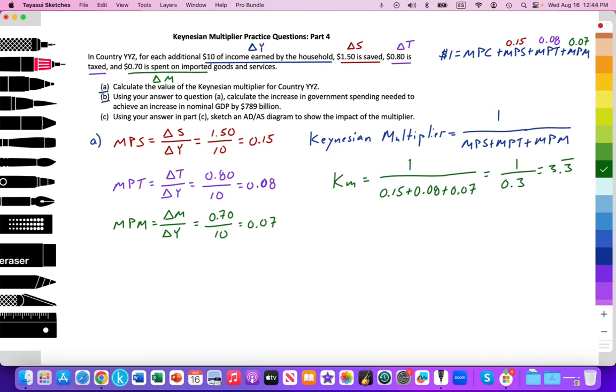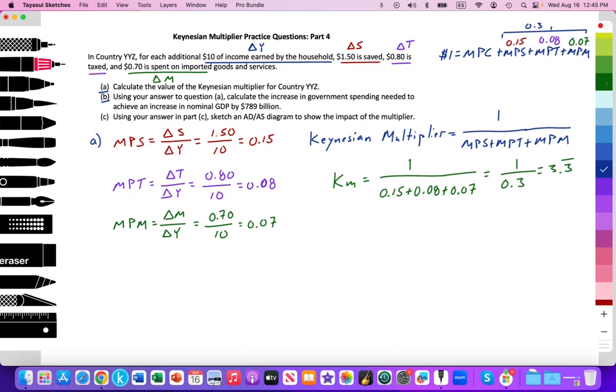So the sum of these three items, the marginal propensity to save, tax, and import, is equal to 0.3. Oops, looks like I don't have enough space here. 0.3.